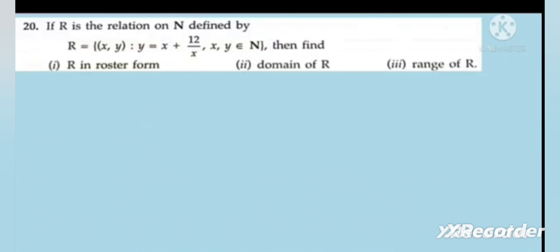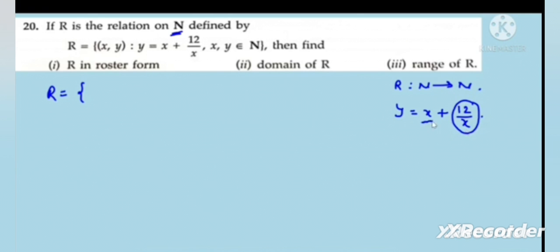For what values of x should y be a natural number? Now y is x plus 12 by x, and the x part is not a problem because x is a natural number, and as we know the sum of two natural numbers is a natural number. So the second part, 12 by x, has to be a natural number. Under what condition will 12 by x be a natural number?